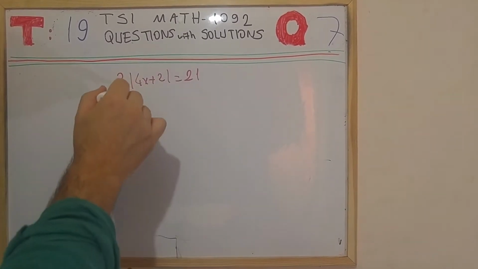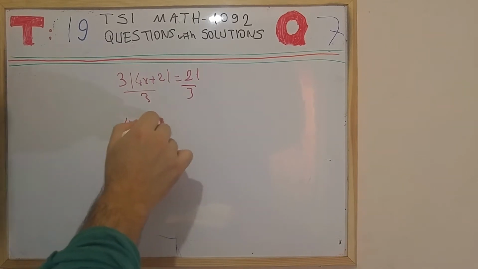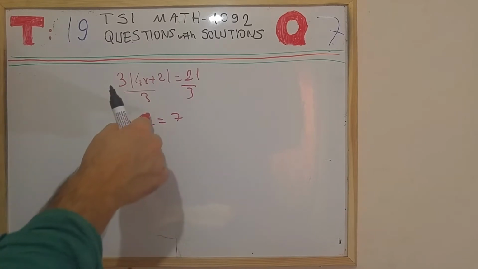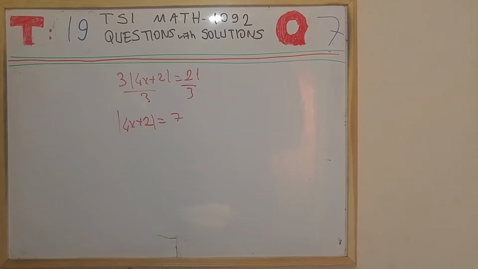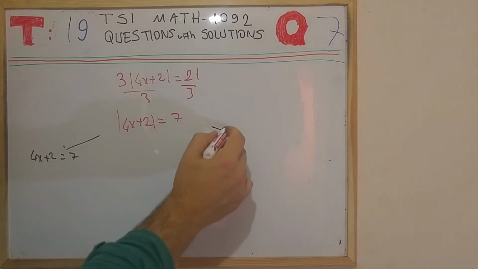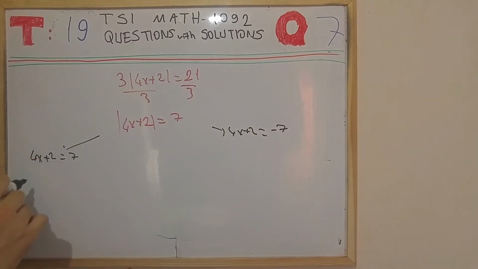Dividing each side by 3, what I would have is absolute value of 4x plus 2 is equal to 7. That means that either 4x plus 2 is equal to 7, or 4x plus 2 is equal to minus 7. For this case, when I subtract 2 from each side, 4x would be equal to 5.